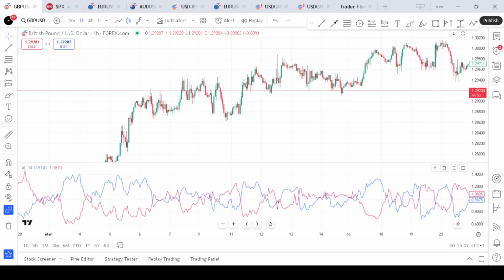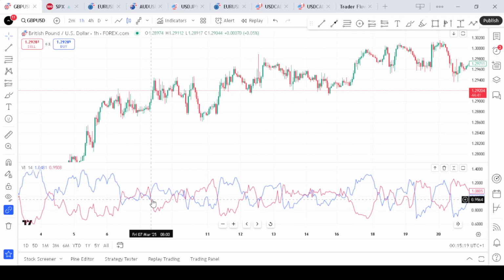We start by understanding how to trade using the Vortex Indicator. Now, trading using the Vortex Indicator involves a systematic approach that combines trend identification, entry and exit points, and risk management.